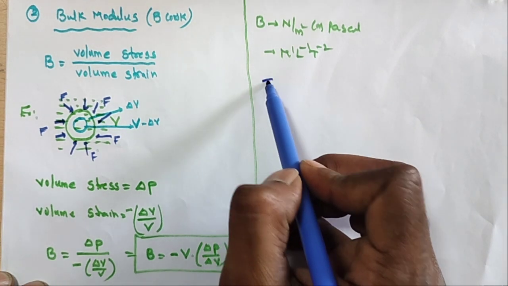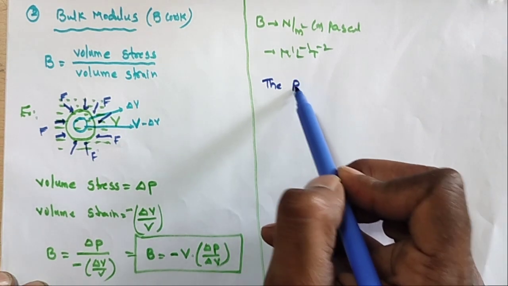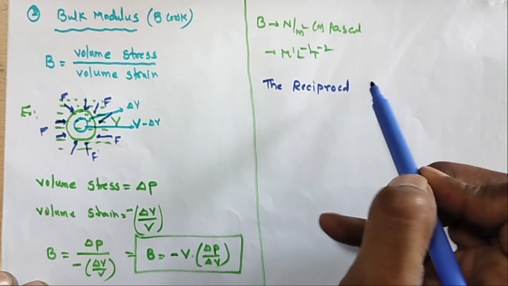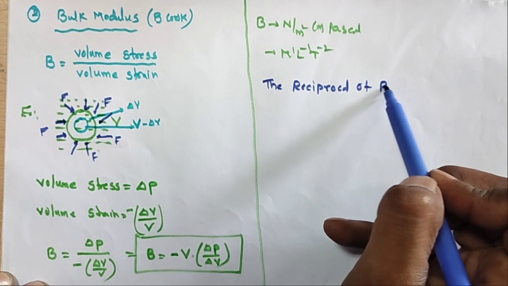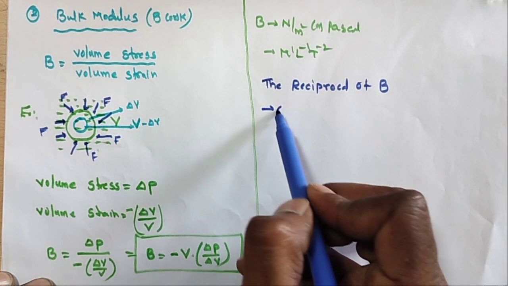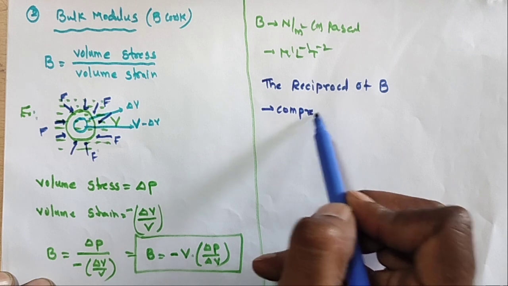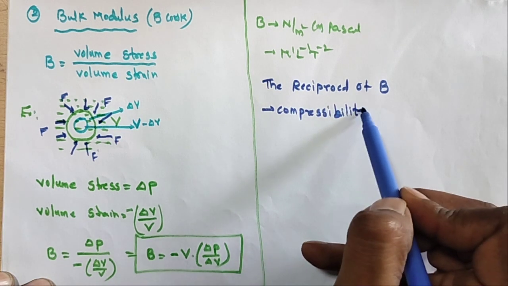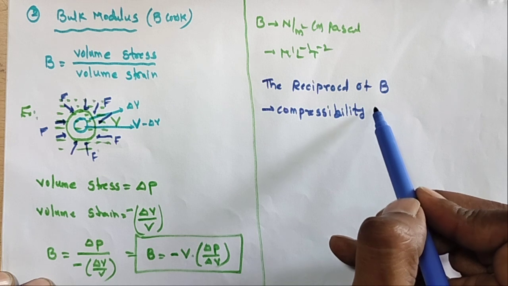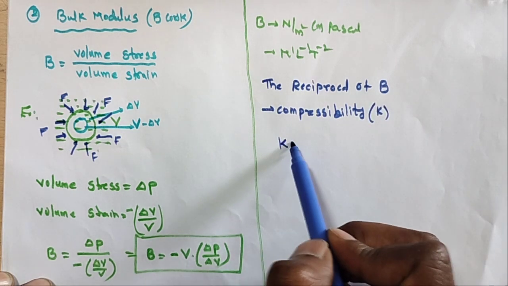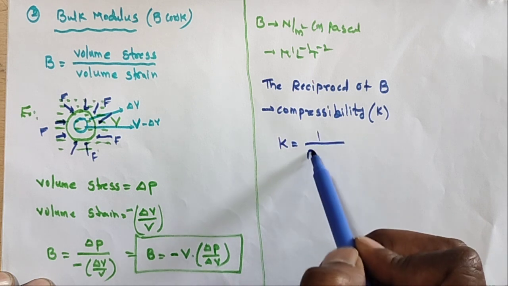Next point: the reciprocal, meaning reverse, of the bulk modulus is called compressibility. So compressibility K is equal to 1 by bulk modulus.